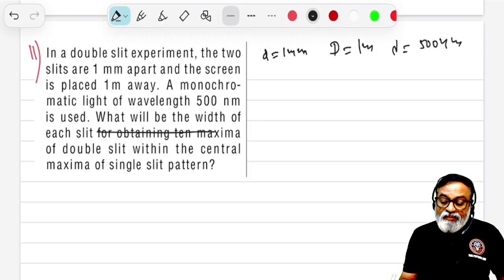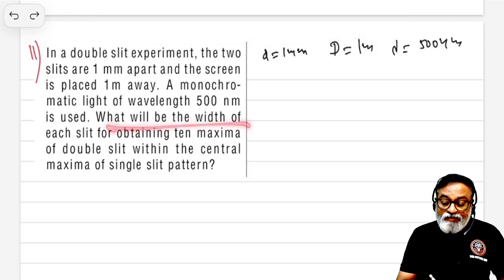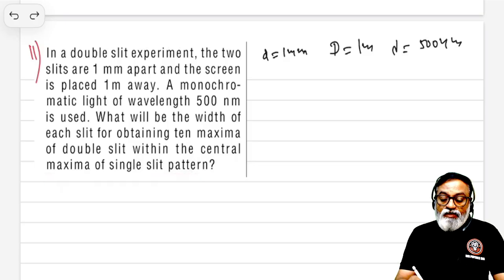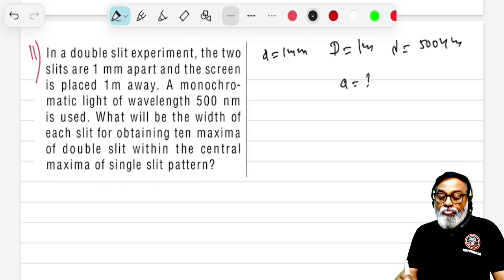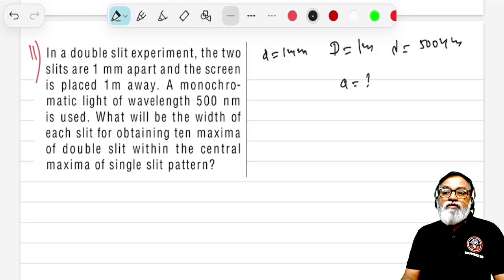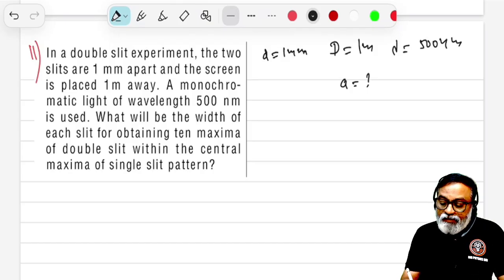And what will be the width of each slit for obtaining 10 maxima of double slit within the central maximum of a single slit? Here we have to find out a. Therefore, for the diffraction pattern, the central maximum width W is equal to 2 lambda D by a.